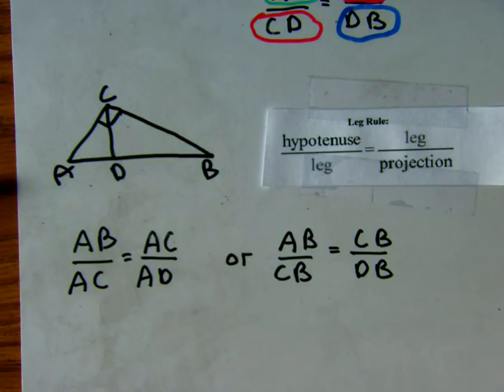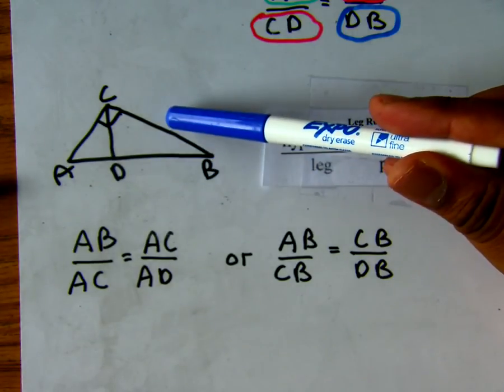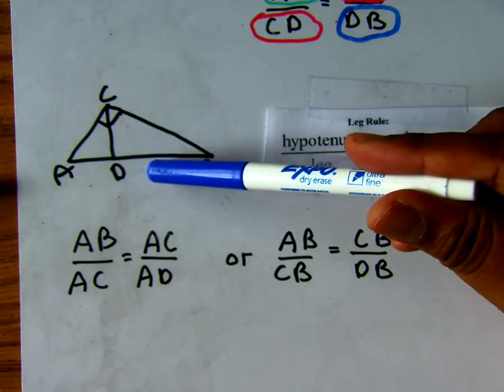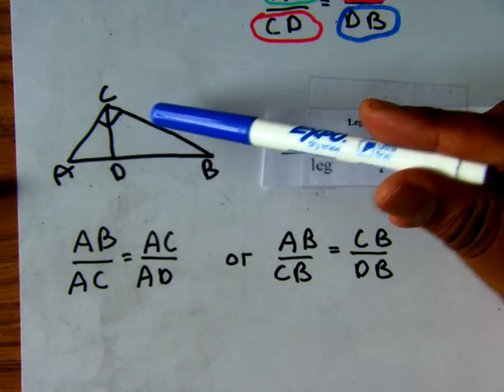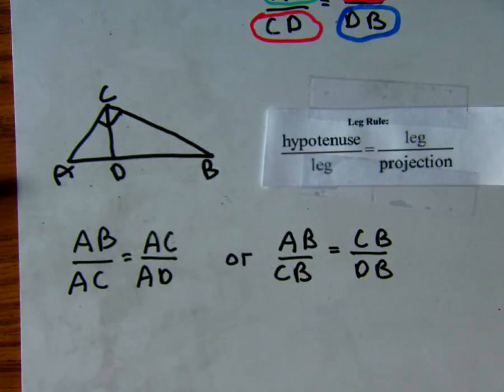Now with the leg, there's another word in the mix, and it's called a projection. The projection is the part of the hypotenuse that's on the same side of the right triangle as the leg that we're working with.